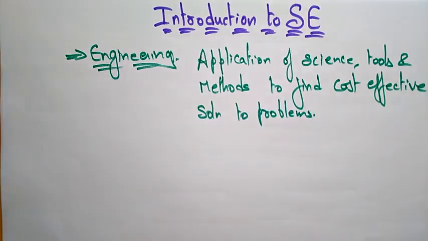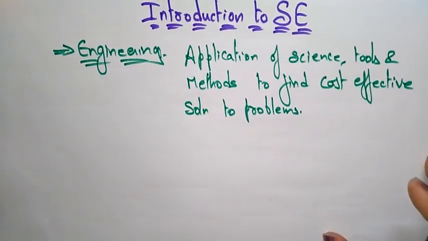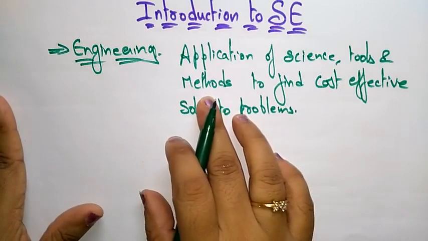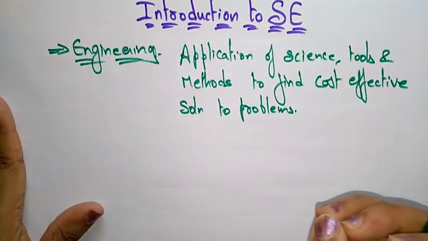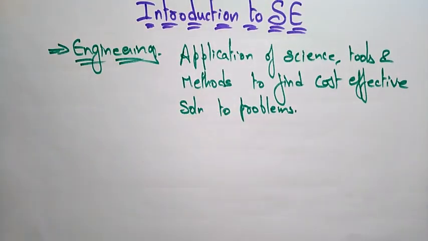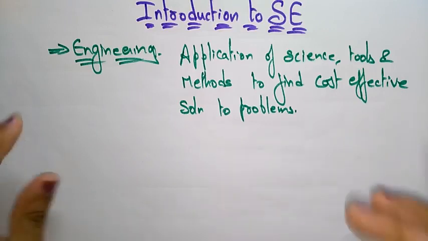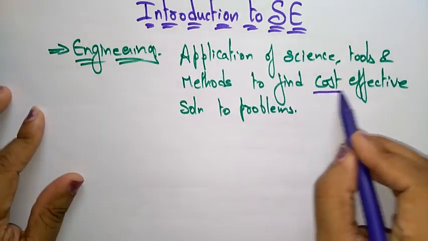So engineering means you are finding applications for all these science, tools and methods to find a cost-effective solution. The main thing is, whatever the product and whatever the criteria you are using, the output should be cost-effective.